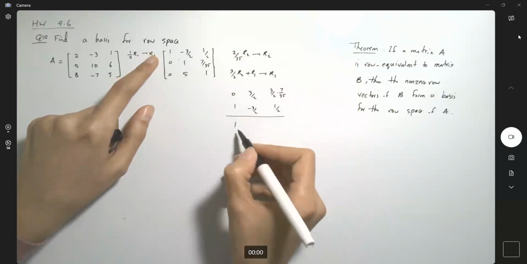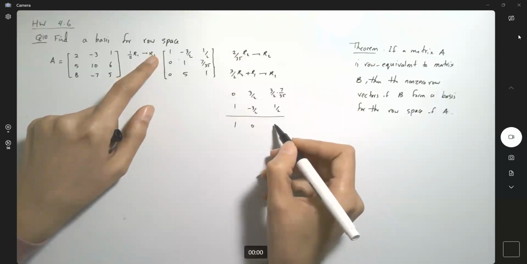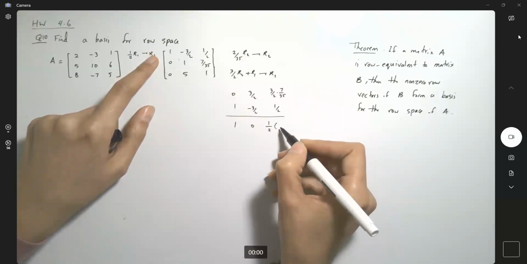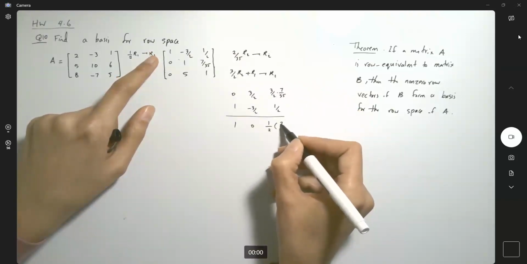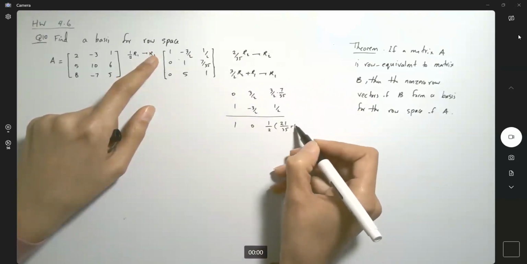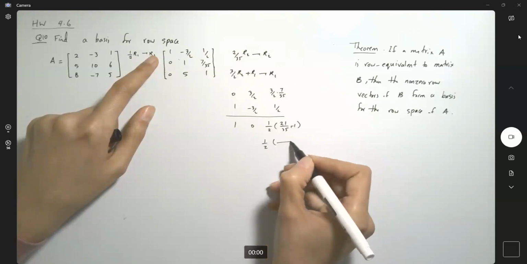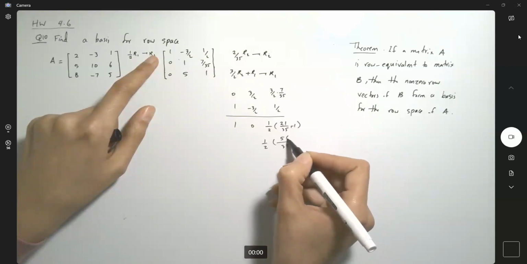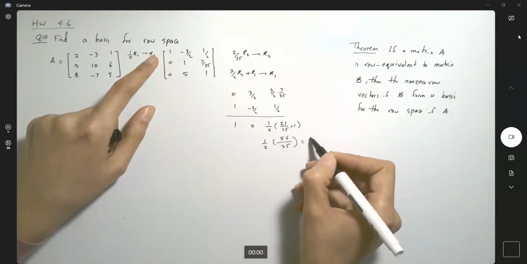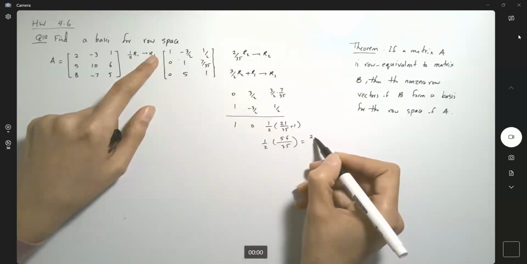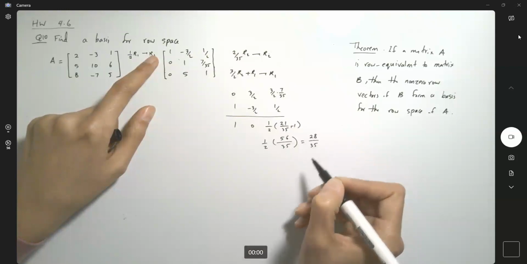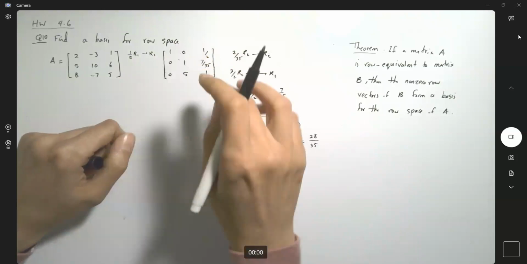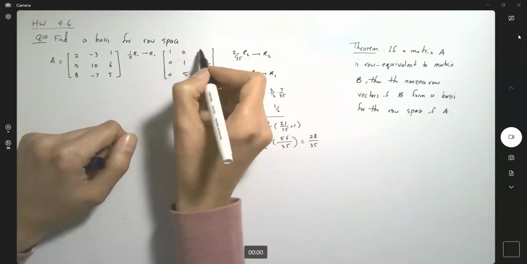So here you have 1, 0, and we can factor out a half if it makes it easier. 21 over 35 plus 1 over a half, 35, and here you have 56. We can simplify this as 28 over 35. So this becomes 0 and 28 over 35.